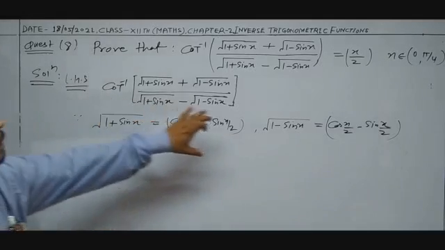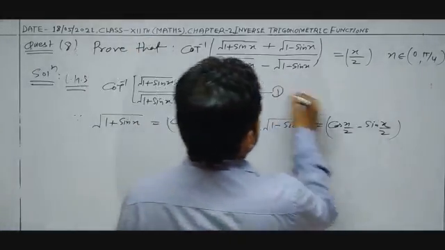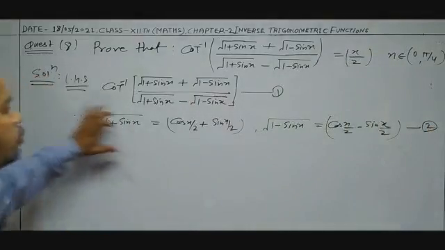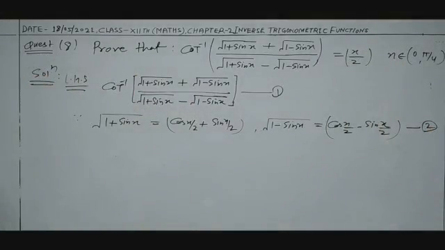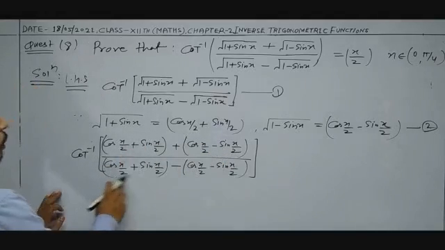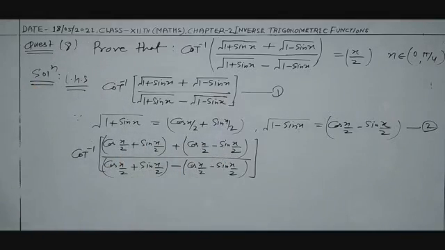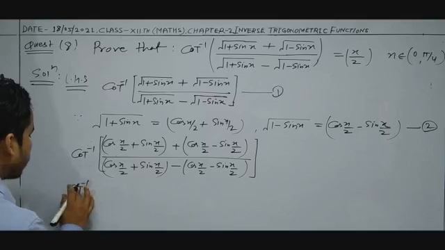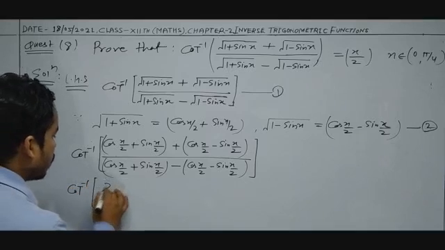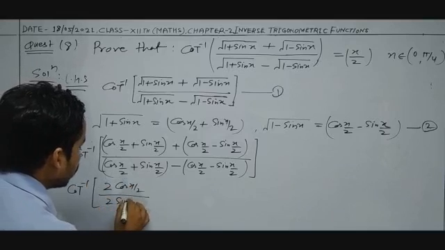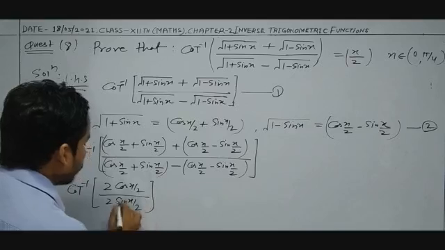So put this value in equation 1, consider this is equation 1 and this is equation 2. So using 2 in 1, this is our value, and when you solve, sin x by 2 will cancel out and the cos x by 2 term will cancel out. The result will be cot inverse of 2 times cos x by 2 whole upon 2 times sin x by 2.